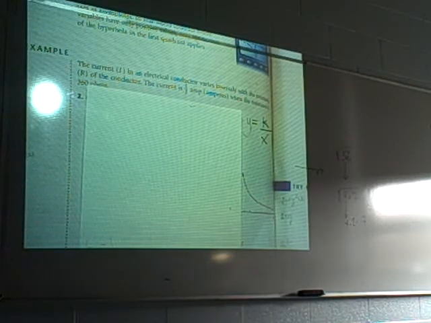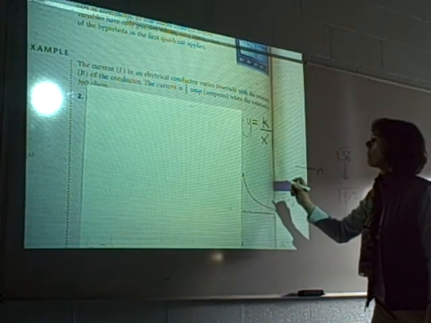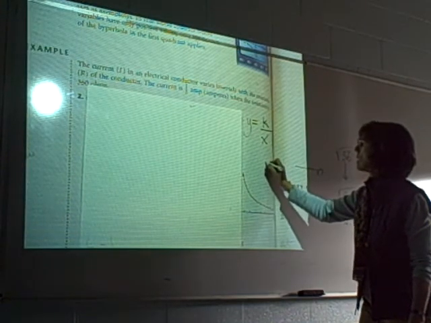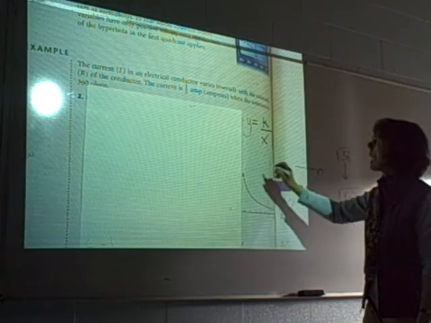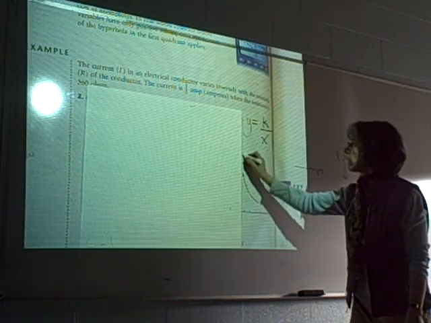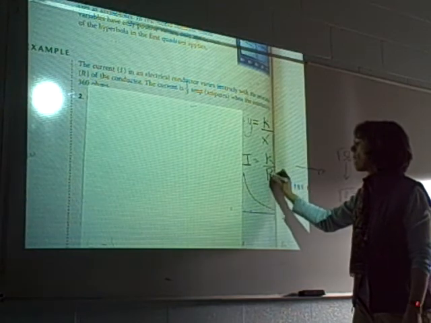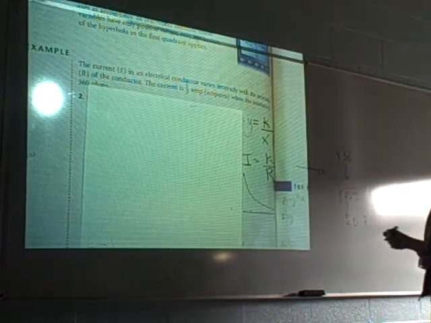So how are we going to set that up? The current depends on the resistance. My current is my I, which is my Y. So this is K over my R. I don't know what the constant is.